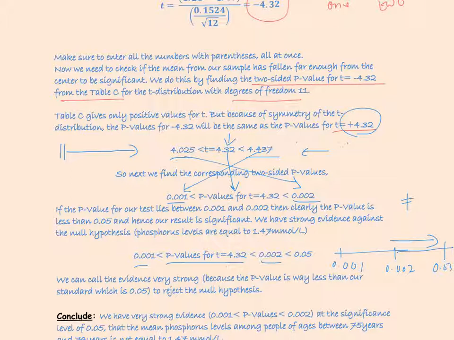So our p-value has to be less than 0.05, which means our t-statistic 4.32 or negative 4.32 is statistically significant because the p-value is less than our standard, which is our significance level alpha. So we reject the null hypothesis. The significance level is 5% or 0.05. So we compare our p-value to the significance level and conclude that we can reject the null hypothesis. We have enough evidence to reject the null hypothesis.